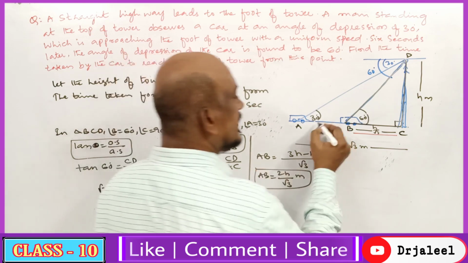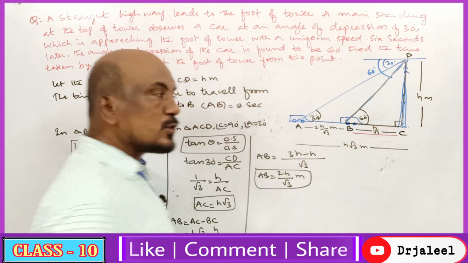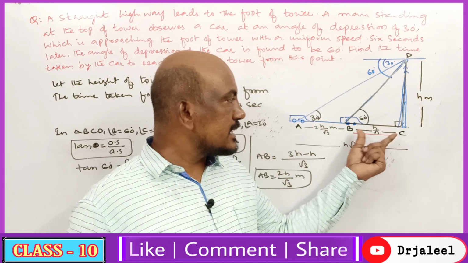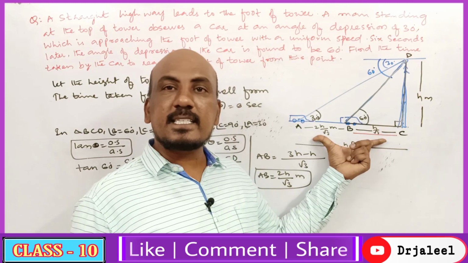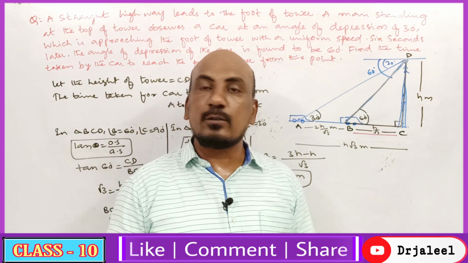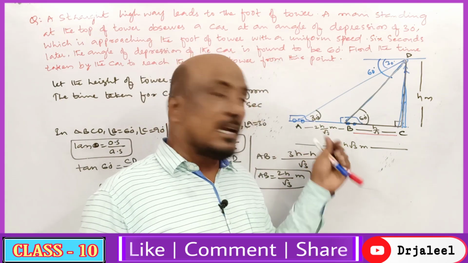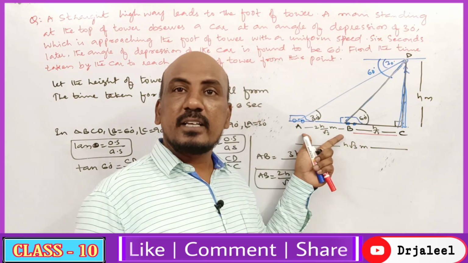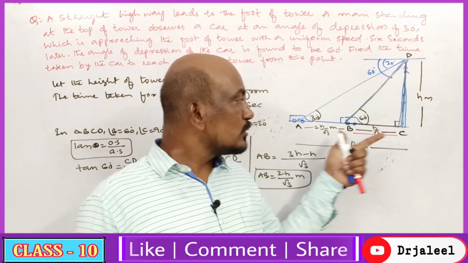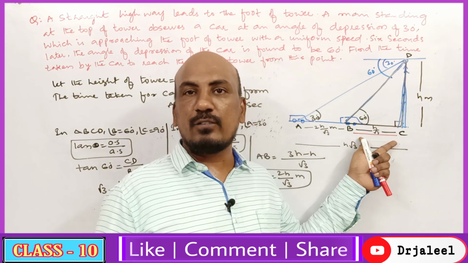So this AB is 2H by root 3 meters. So now we found all the distances. This whole distance we found, and this part also we found. Now we will go back to the duration as I said earlier. To travel this distance, it's taking 6 seconds. To travel this distance, how much time will it take? So we will have to go for calculations.